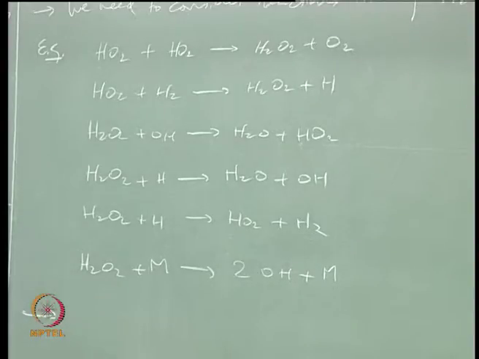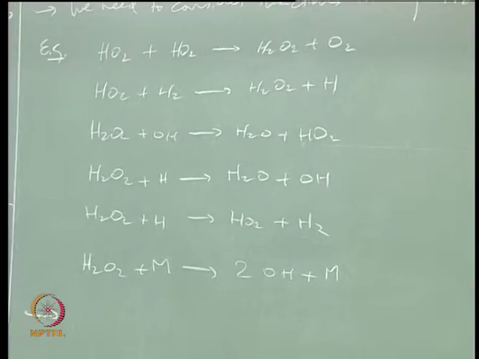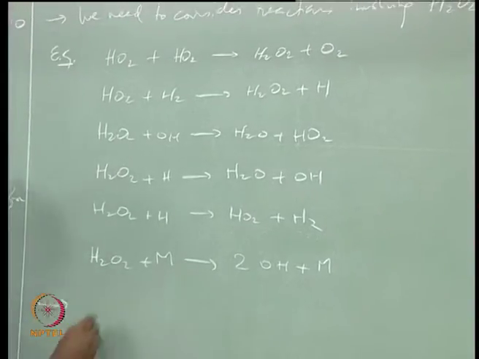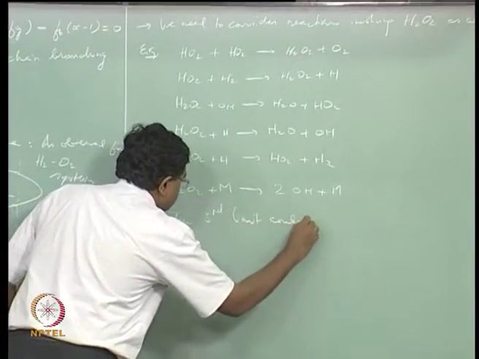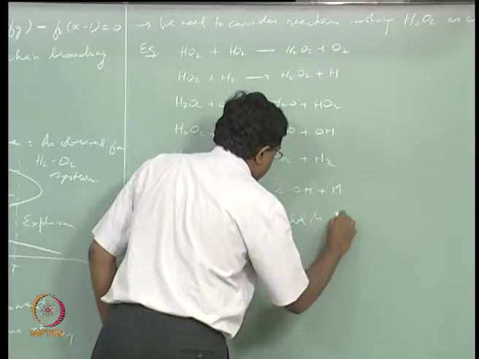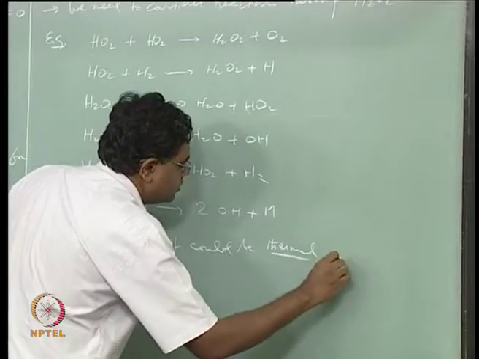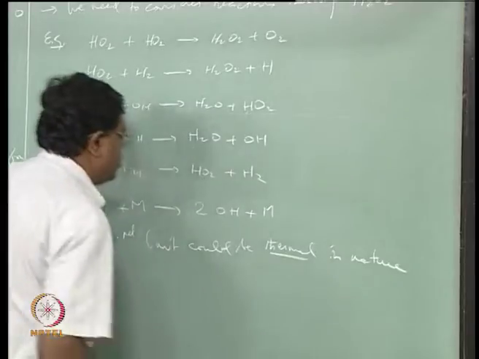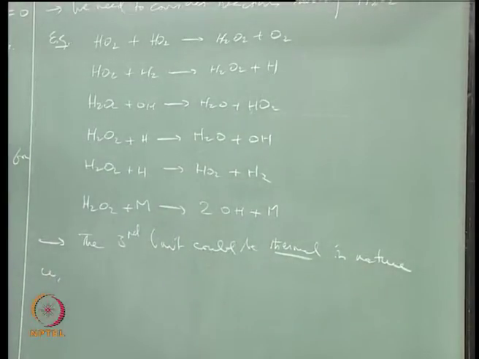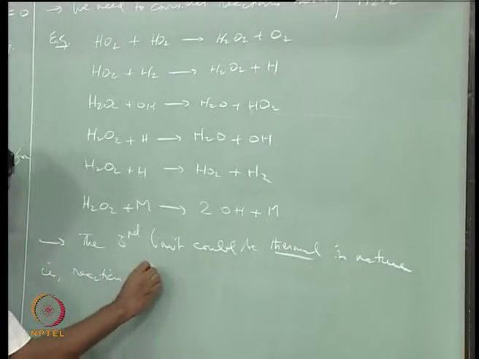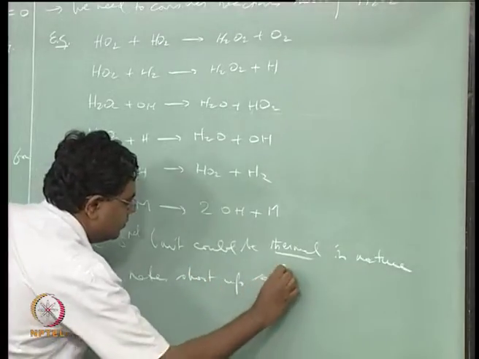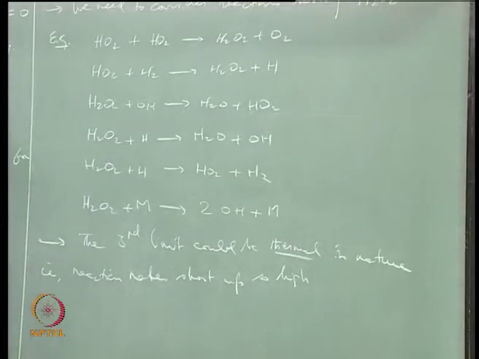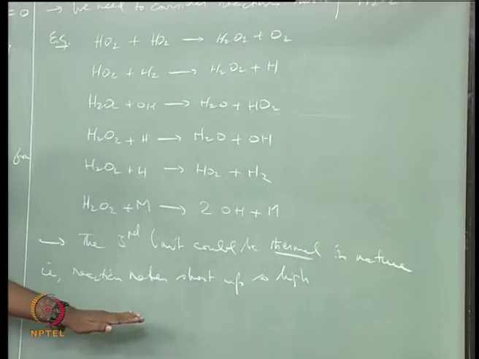The third thing is the third limit could be thermal in nature, that is to say reaction rates shoot up so high, and these reactions are exothermic, keep in mind.